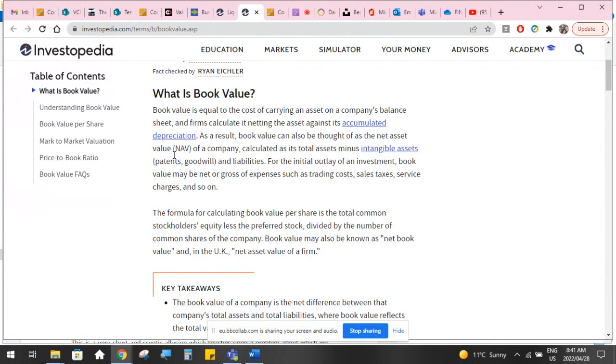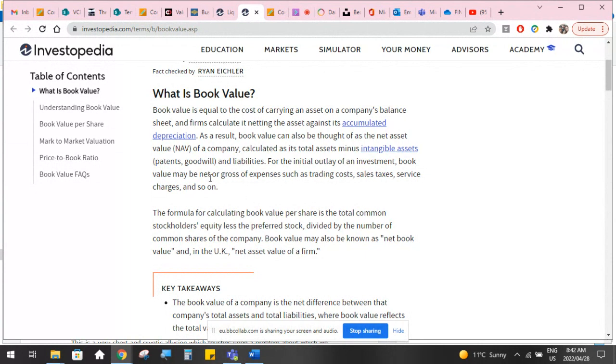What's left over is then the net asset value, and that's the part of the asset value that belongs to the equity owners, the shareholders, the owners of the company, and the equity owners are the people who own the shares. Okay, and then all we do is we take that net asset value and we divide it by the number of shares, and we get a price per share.